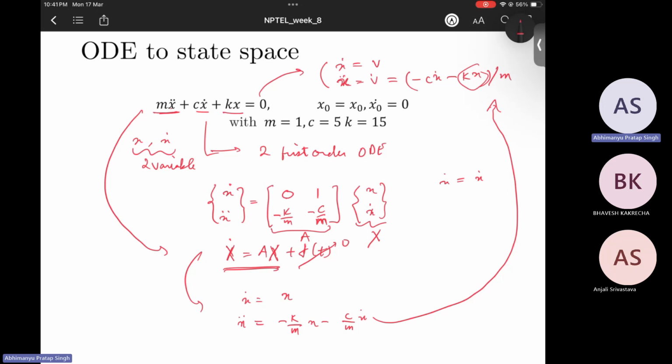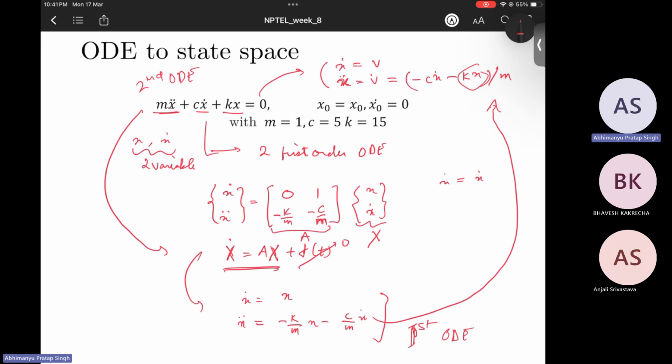So basically we have converted this second order ODE to two first order ODEs. Any doubt in this, how we convert second order to first order ODEs? We will look at some more examples as we go on. This is the simplest and most popular textbook example.